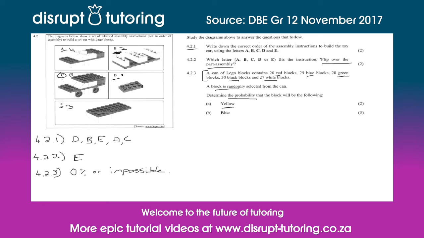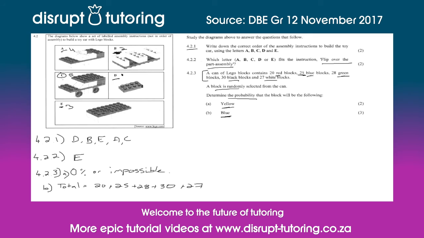Cool. So this is for question A. And then for B it's the same thing, but determine the probability of blue blocks. So the probability of getting a blue block: they said there are 25, but we need to know what the total was. So the total number of blocks equals 20 red plus 25 plus 28 plus 30 plus 27.